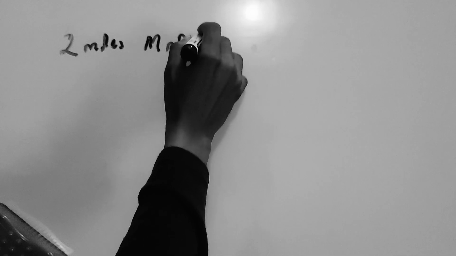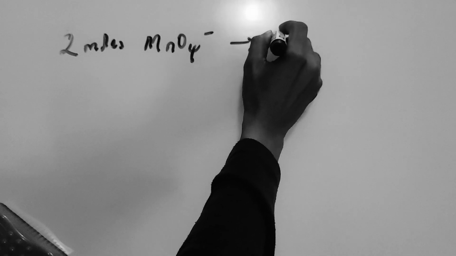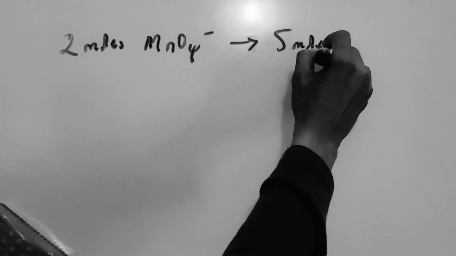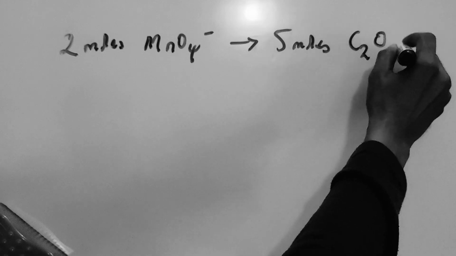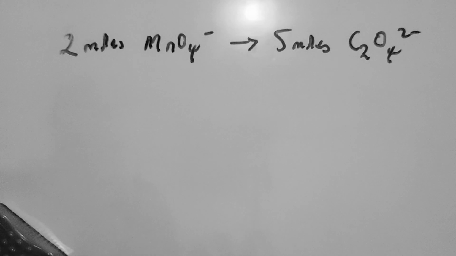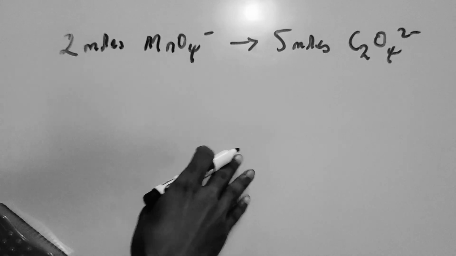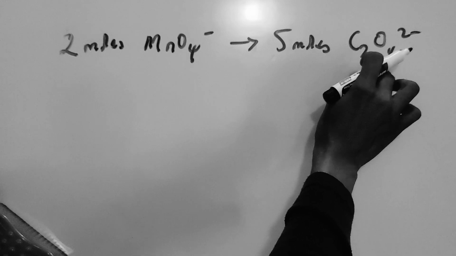Let me write it. If you check that redox titration, you get to see that 2 moles of the permanganate required 5 moles of the oxalic acid.